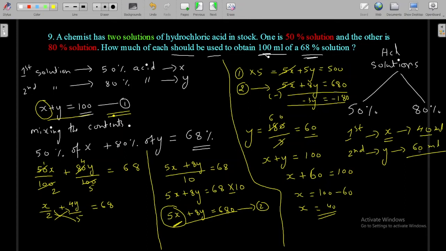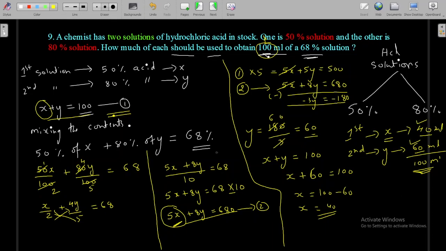So if I add both of them, I will be getting 100 ml. Why? Because this is our 100 ml. So if I add up both these values, I will be getting the answer as 100. So that's why this one and this one, they both are the correct answers.